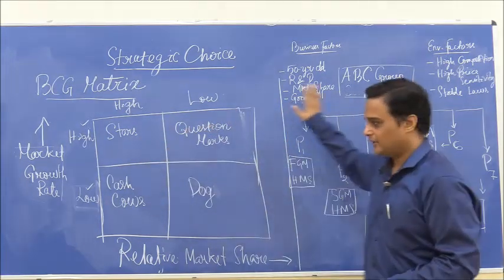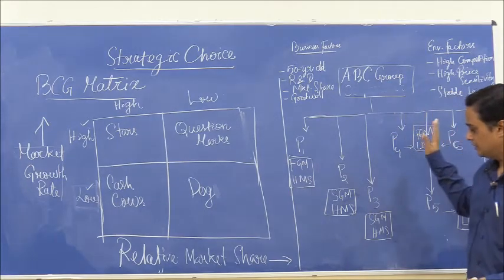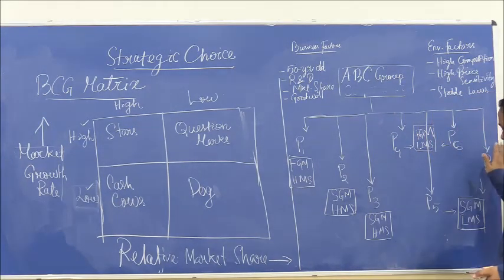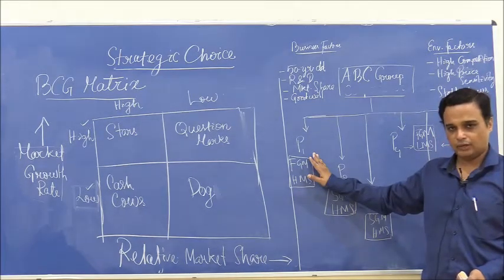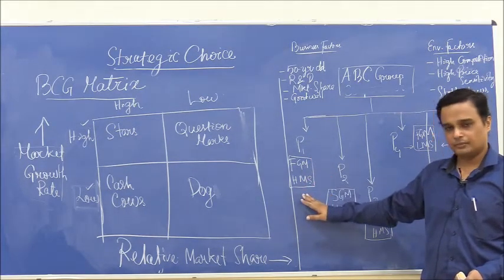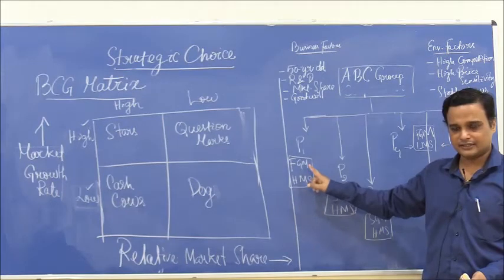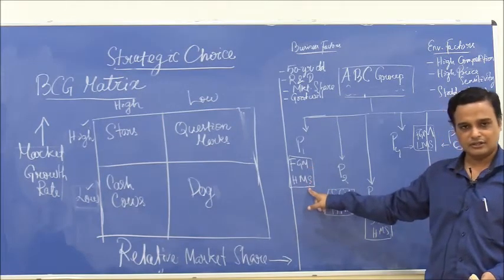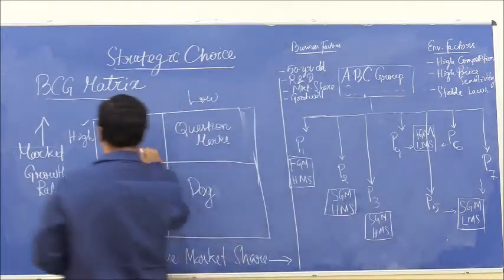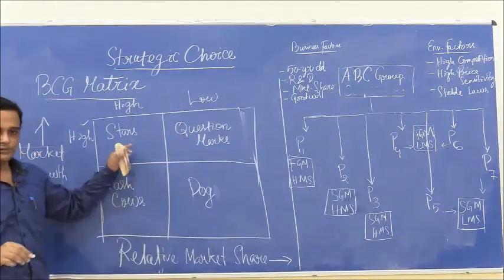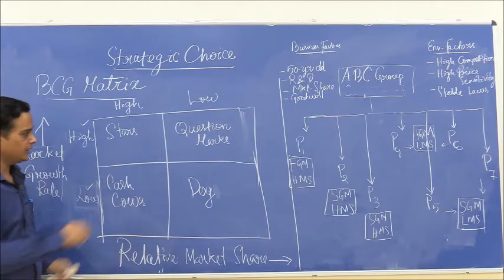Now, come to our example here. We have one brand or product which is operating in a fast growing market and has a high market share. So, which box are we going to put P1 in?